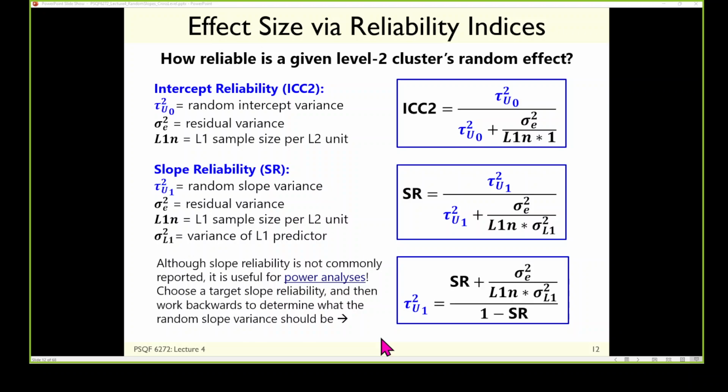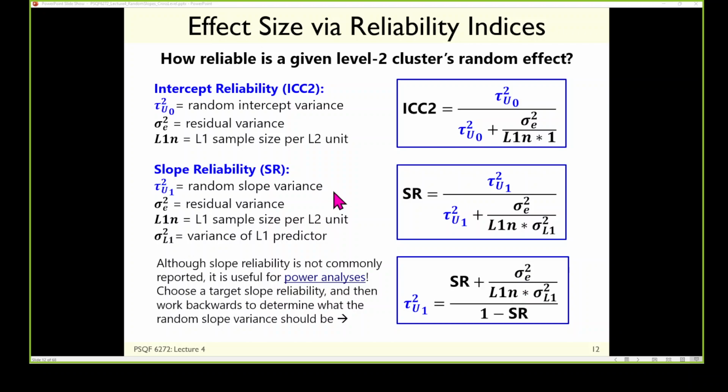So then if my total outcome variance is 1, that's 0.5 for the intercept and 0.5 for residual. And then if I want a slope reliability of, let's say, 0.8, I know how many people I'm going to have per cluster. Let's say that x is another variable with a slope variance of 1. I can use those numbers to work backwards and come up with the slope variance. Otherwise, it's much trickier to try and figure out what that should be. So that's what I use this for.